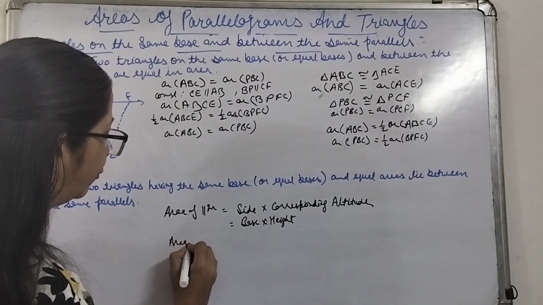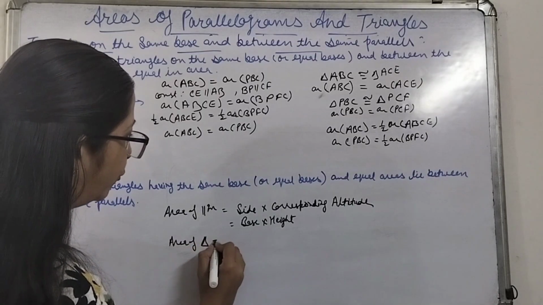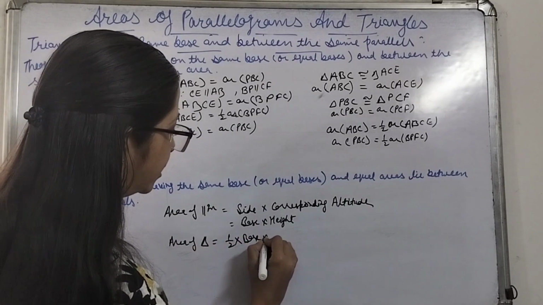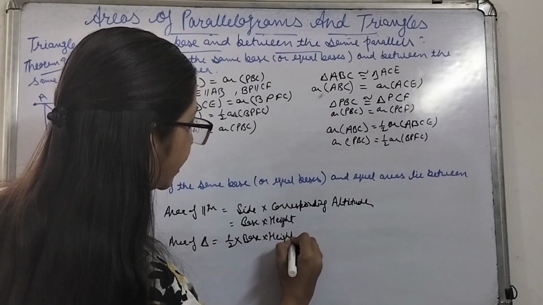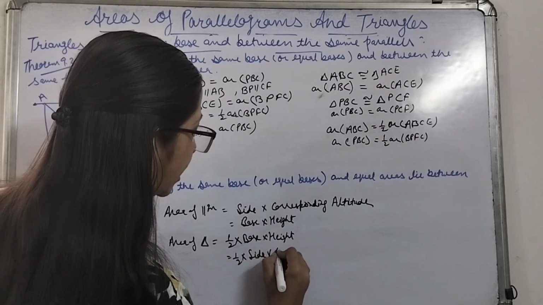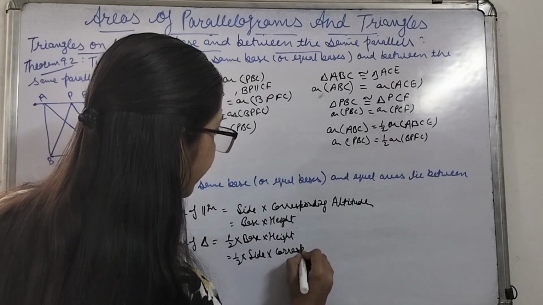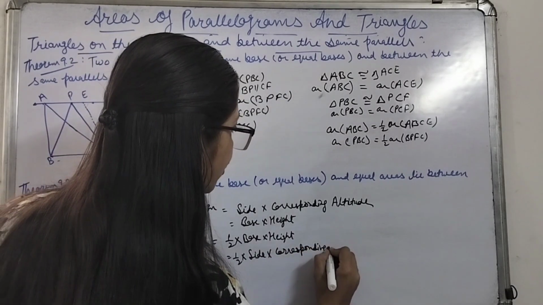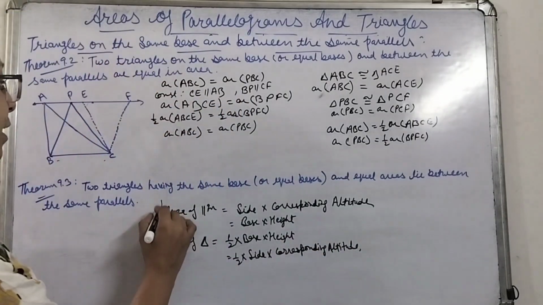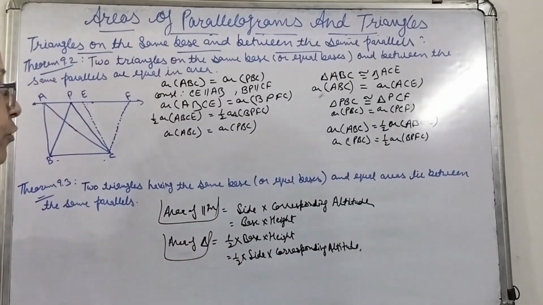And the area of a triangle will be 1/2 into base into height, or we can say 1/2, any of the sides we consider, and accordingly for that side the corresponding altitude we consider. So these are the areas of a parallelogram and the area of a triangle.